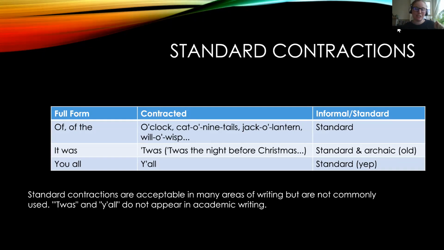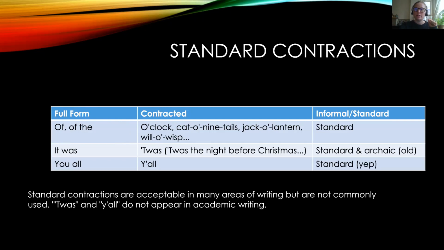And yes, this includes one that might throw you for a loop. So the full form would usually, if we're contracting several words that contain of or of the, these are often compound nouns, where we're using multiple words and connecting them either with a space, a hyphen, or putting them together. So we have here the example of o'clock.